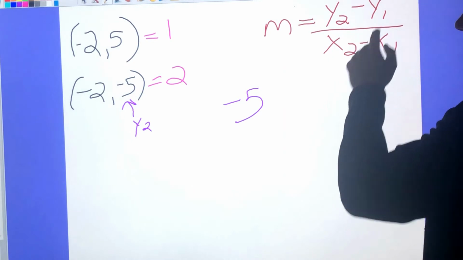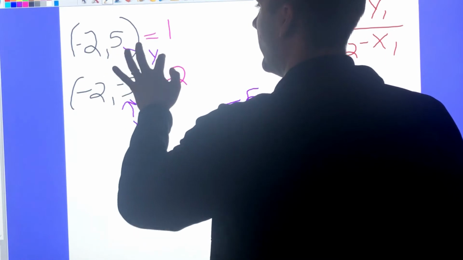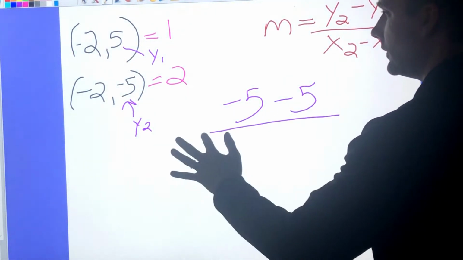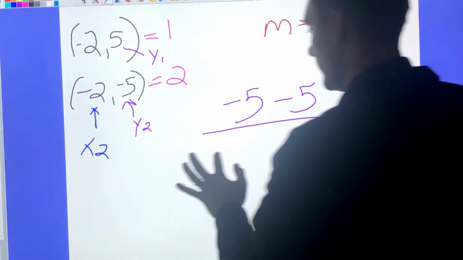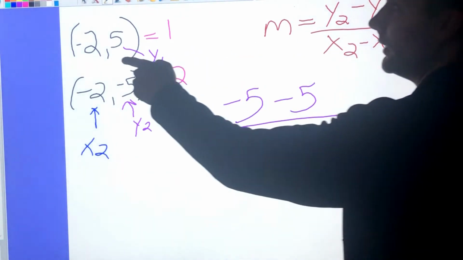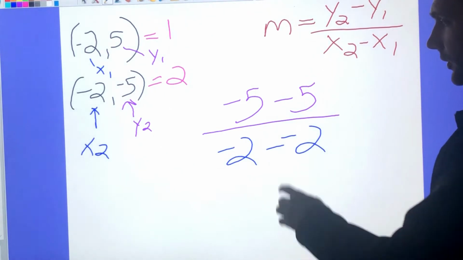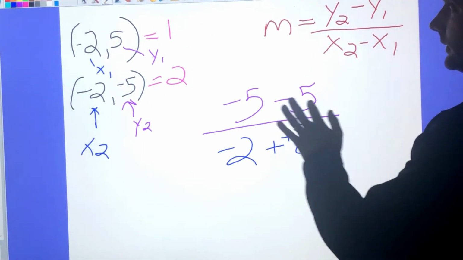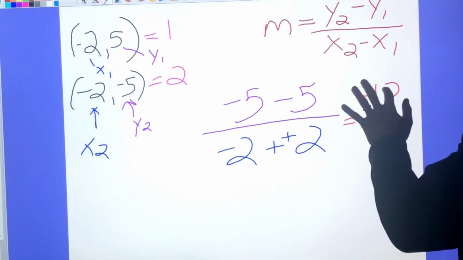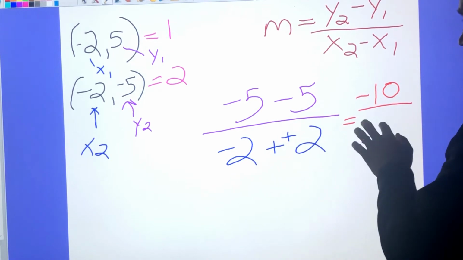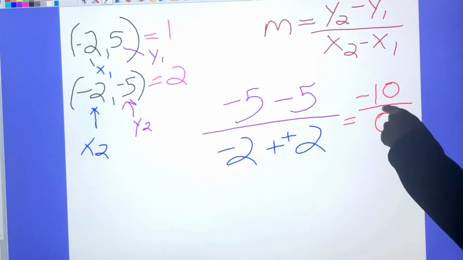Note that the subtraction minus comes with the formula, so minus y1, and here's my y1, so minus 5, all over x2, so here's my x2, which is a -2, minus x1, so minus a -2. Now we know 2 negatives makes a positive, so I'll go ahead and change that real quick. And then simplify. -5 minus 5 is -10 over -2 plus 2 is 0. So my slope here is -10 over 0. And what happens if you try to plug this into the calculator?